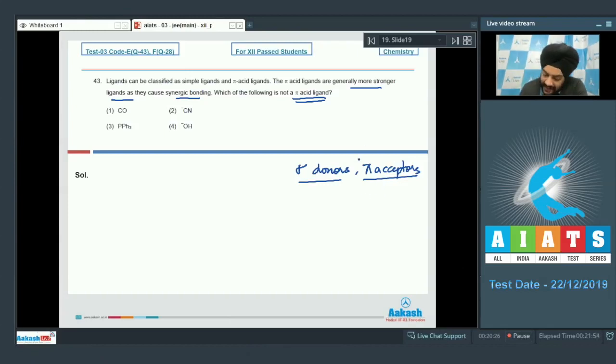Now students, for these ligands to be pi acceptors, there have to be vacant orbitals where the back donation of electrons from the metal to the ligand can take place. So if we talk about CO, students, CO has a pi star vacant orbital, and the back donation from the metal can take place in the pi star orbital. If we talk about CN negative, the CN negative also has a pi star orbital.